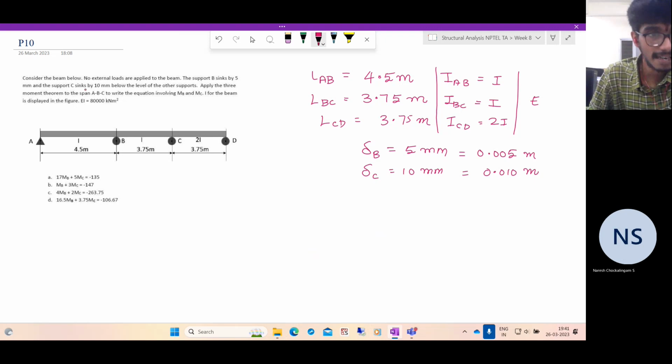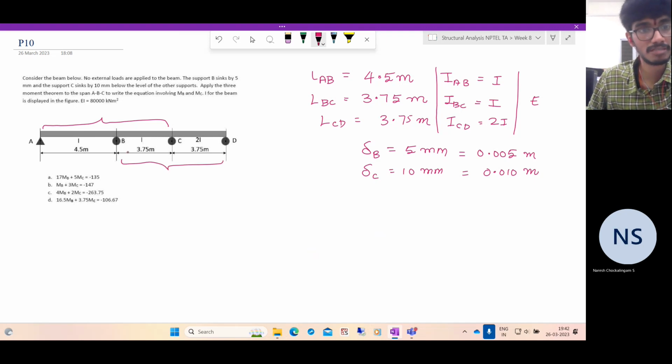The goal of this problem is to determine the unknown reactions By and Cy. The first step is to write the three moment equation for this span. We'll have only three unknowns in a given equation. First consider this span, then we can consider this span.